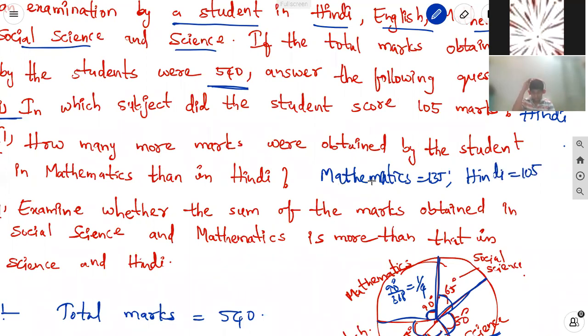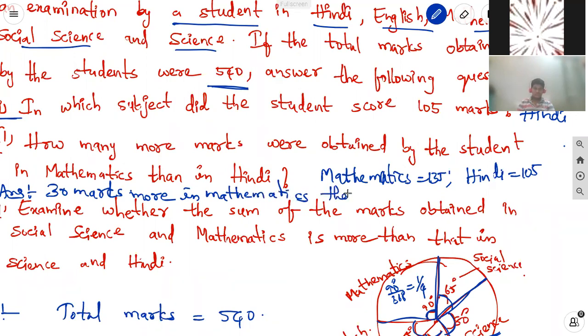The difference is how many? 30 marks. What is the answer? 30 marks more in mathematics than in Hindi.